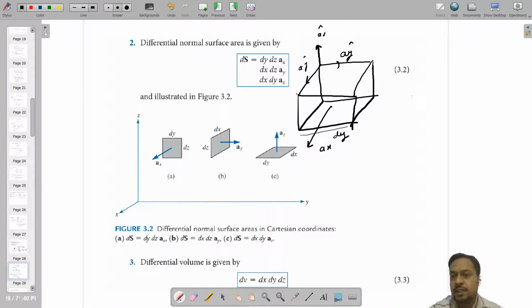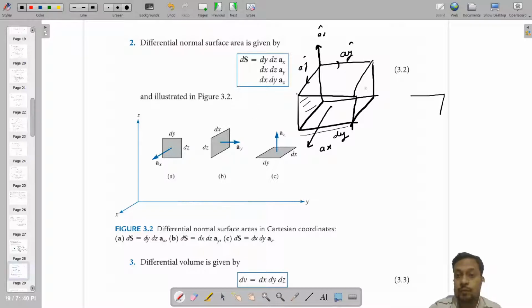If we consider the surface for ax in this figure A, we have only two varying lengths, dy and dz. Therefore, the differential surface for unit vector ax can be written as dy dz.